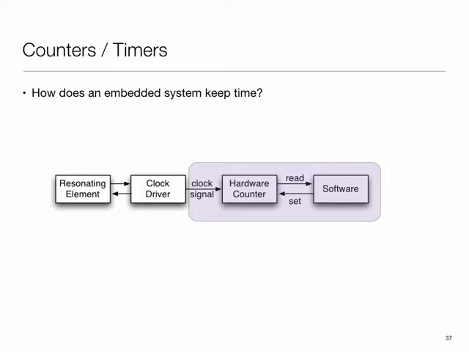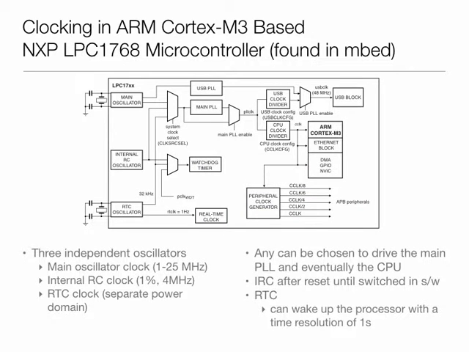So the clock signal, which is coming out of the PLLs and oscillators and the different circuitry, is now driving some sort of a timer counter system, which the OS controls or lets the software access somehow. This is the way clocking works in a particular microcontroller, which happens to be the one in the embed platform.